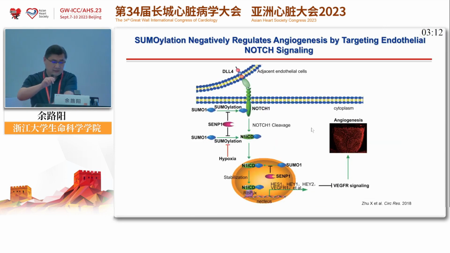So in this first story in angiogenesis, we found that SUMOylation on the NICD domain of Notch1 plays multiple roles: in the cleavage of Notch1 at the membrane, in maintaining its stability intracellularly, and in facilitating NICD transcriptional complex formation in the nucleus, against the VEGF receptor signaling.